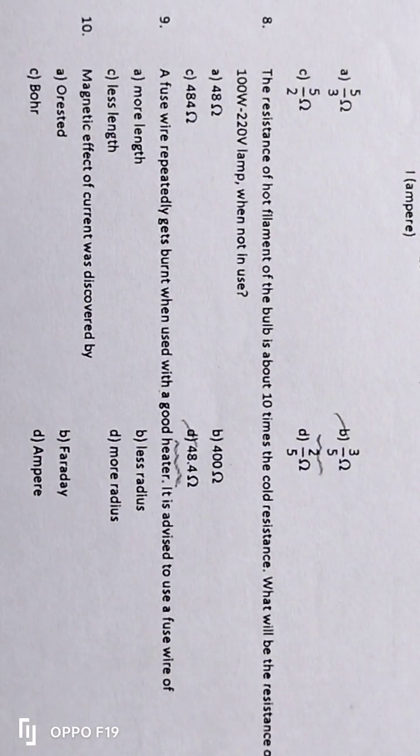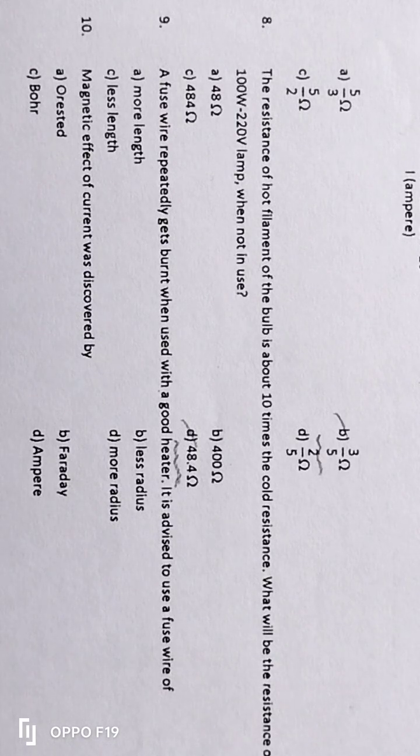In the ninth question, if a fuse wire repeatedly gets burned when used with a good heater, it is advised to use a fuse wire of dash. Option A, more length. Option B, less radius. Option C, less length. Option D, more radius. So the fuse wire repeatedly gets burned.